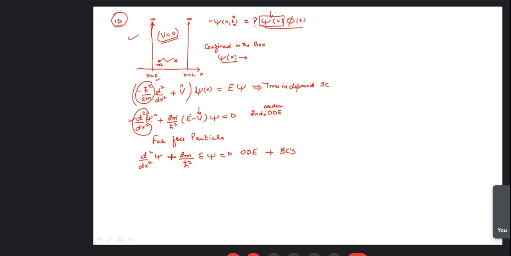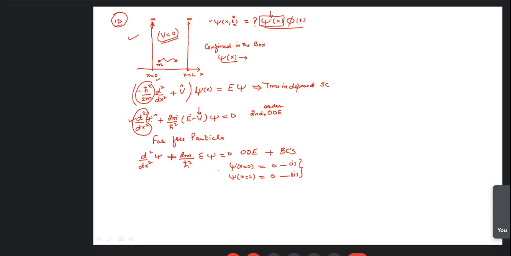So we can say that wave function at x equals to 0 is 0. This is our first boundary condition. We have another boundary condition for the other wall, that is at x equals to L. Again, potential is infinite, so there is no probability of finding the particle at that boundary. So these are two boundary conditions.